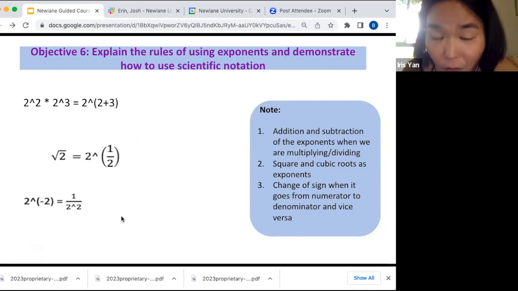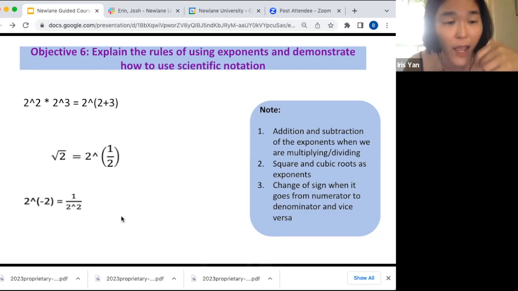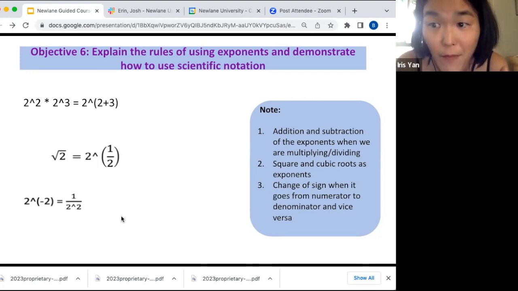It's actually 1 divided by 2 to the power of +2. Okay, so with these 3 rules, you can probably do almost all the evaluations that involve exponents or roots. But you have to have your fraction game cool.